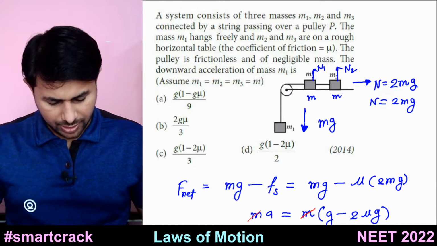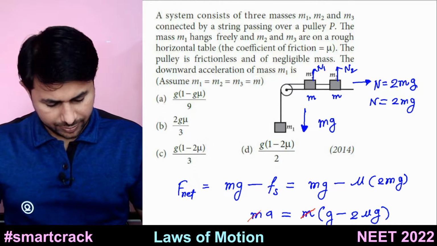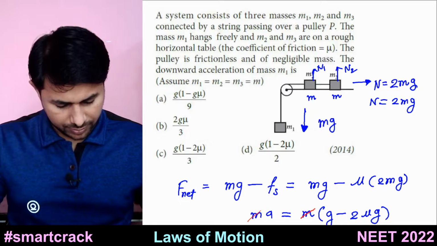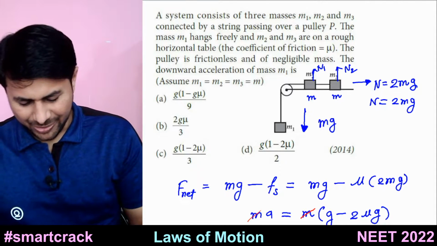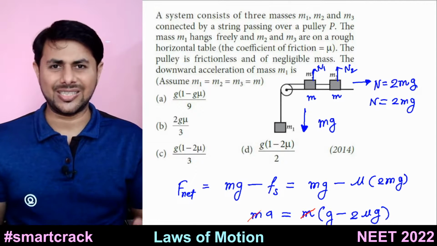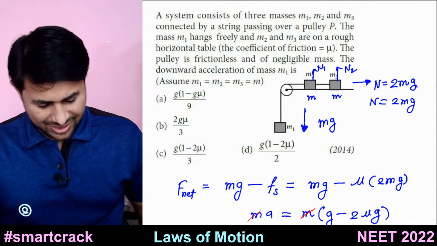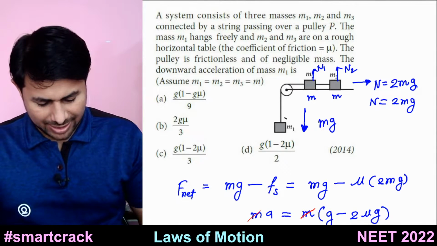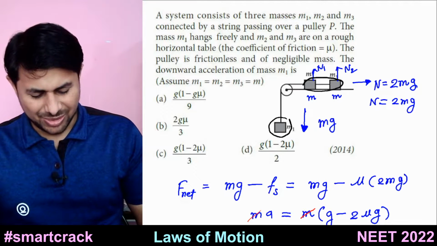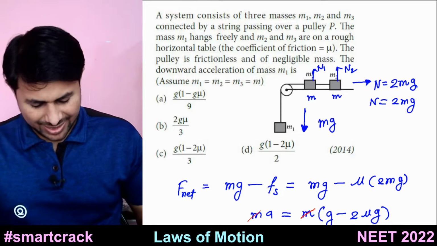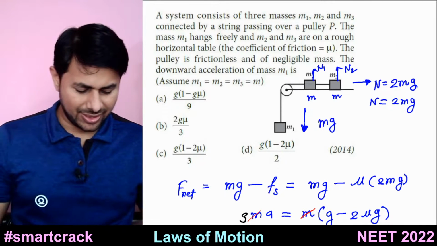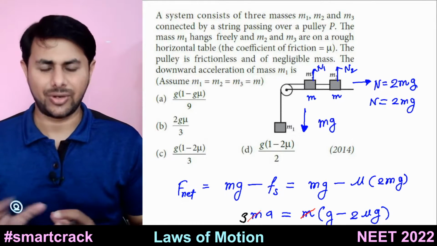Okay, net force is what? It is total mass times acceleration, right? So what is the total mass? The mass of this block, and there are these two blocks also. So net mass is 3m, not m.